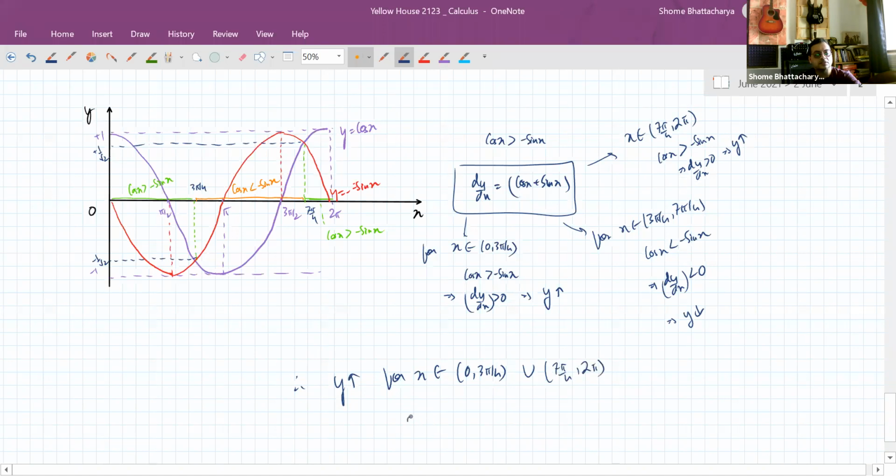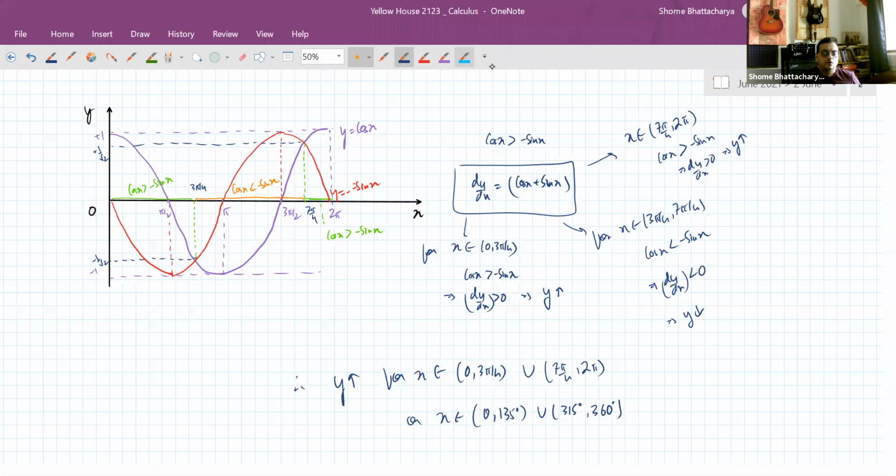Or we can write this as 0 to 135 degrees union with the last part of one loop.